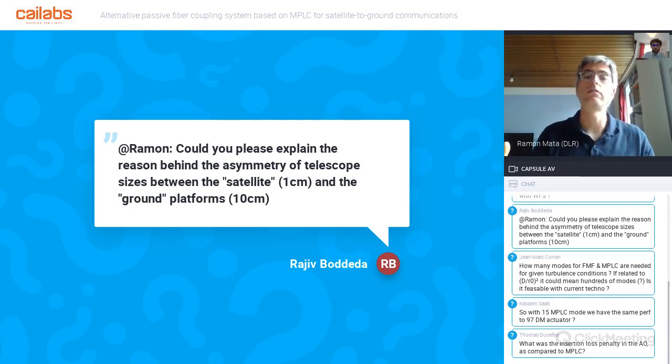We try to emulate the asymmetry that we have on the satellite. In that case, the 1 centimeter is more towards the satellite side. For the receiver part, we have a 5 centimeter, a 2 inch lens. We also have an iris, so we can regulate it so that the receiver is not seeing multiple speckles, so it acts as a point receiver. I hope that answers the question.